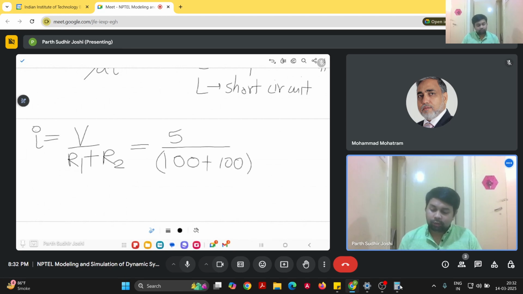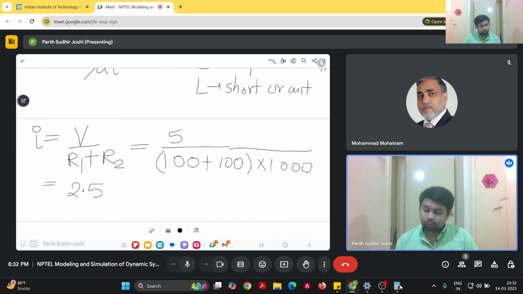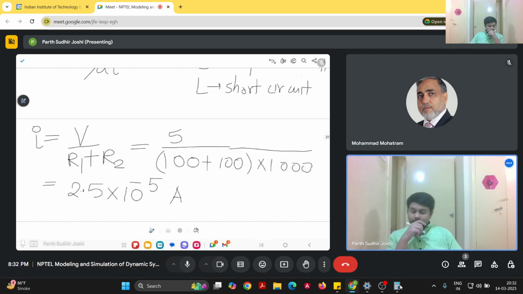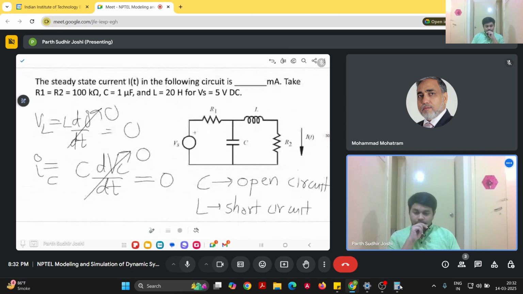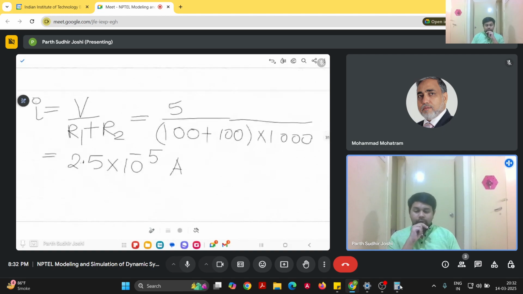So it is 2.5 into 10 to the power minus 5 ampere, which is 0.025 milliampere.